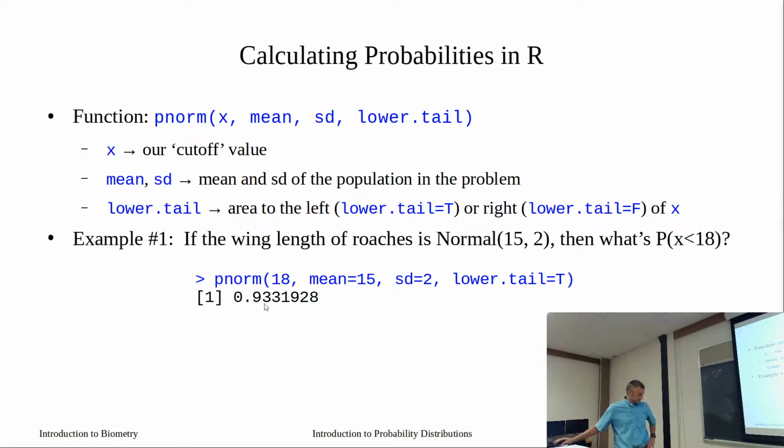And when we hit enter and run it, we get 0.9331928, which is basically the same thing that we got. Did we round? I can't remember if we had to round at any point. But if we don't have to round, we'll get the exact same number, with a few more decimal places. The table rounds to 4 digits.